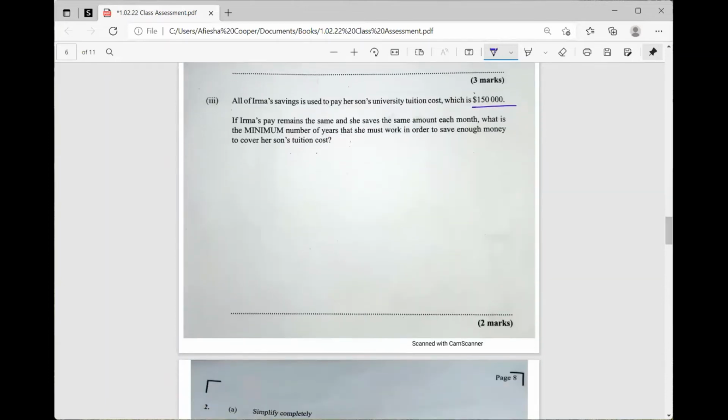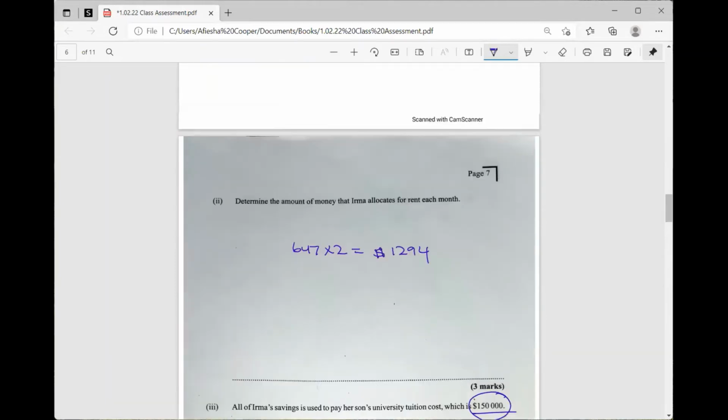So again, critical thinking. And in a question like this, you replace Irma and you put your name. How long would it take me to save $150,000 with my $1,750 per fortnight?